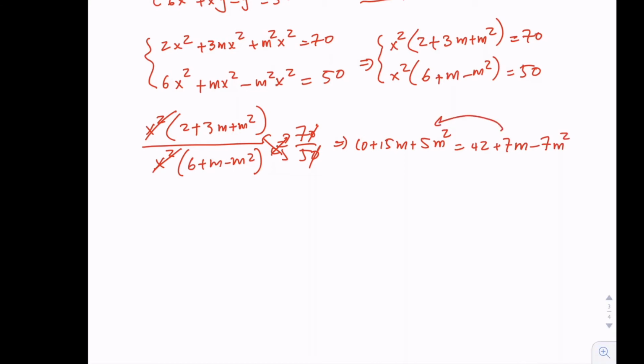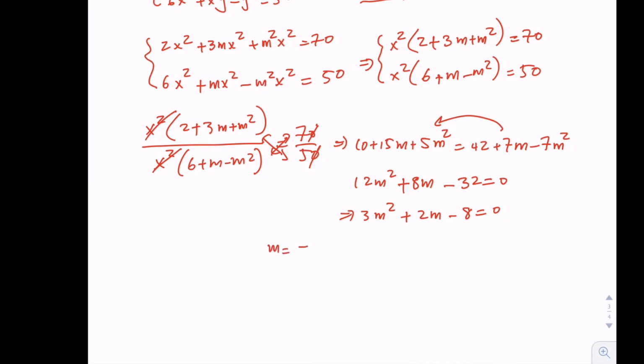Now if we bring everything to the left hand side, we will have 12m squared plus 8m minus 32 equals 0, and this is 3m squared plus 2m minus 8 equals 0.